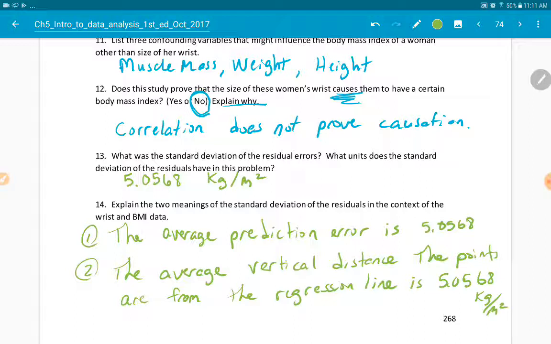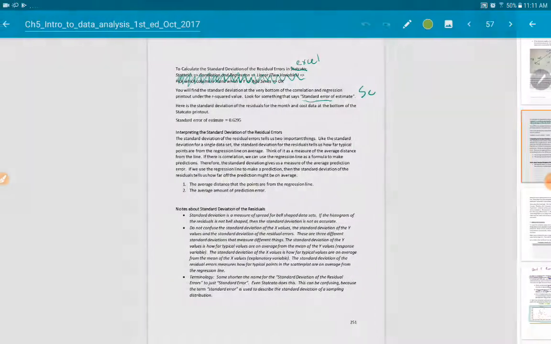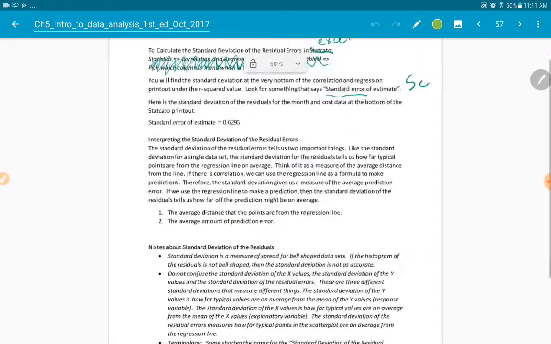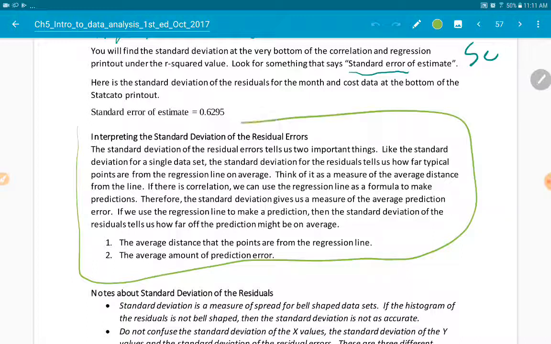So those two meanings of standard deviation are in unit 5E, page 251. So read this section about those two meanings right here.